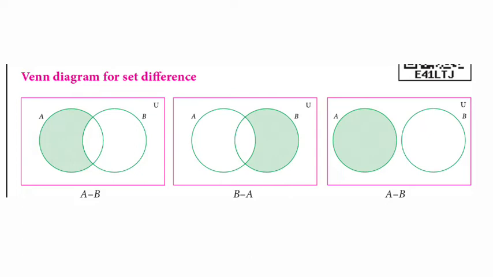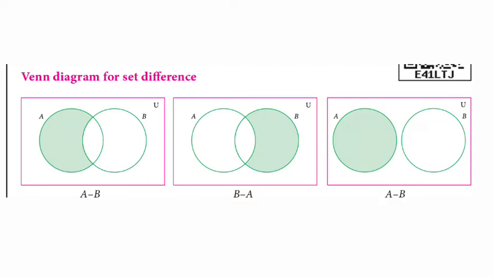Now the Venn diagrams for set difference: we have A minus B, B minus A, and the third one, disjoint sets. The first one is A minus B. We have two circles, A and B. A minus B means except B: we remove the full part of B, and the remaining part of A is shaded.